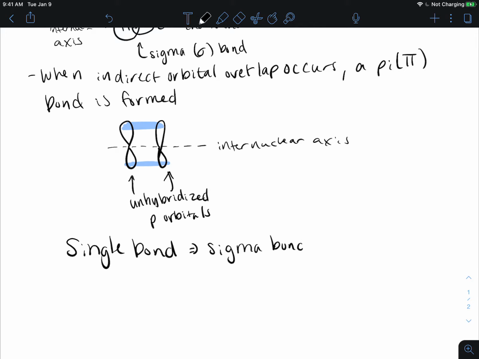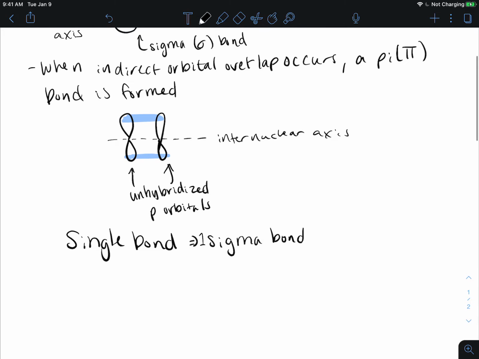So this is the direct overlap of orbitals will produce a sigma bond, or one sigma bond. Now, we can only directly overlap orbitals along an internuclear axis once. So if we think about a double bond or a triple bond, we have to have a different type of orbital overlap. We can't have multiple sigma bonds.